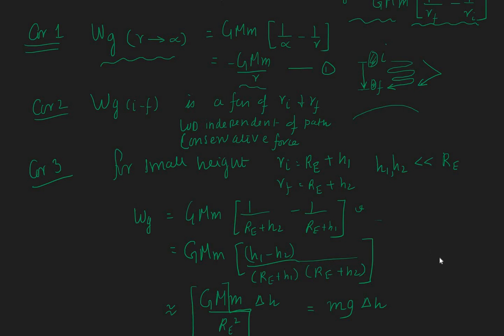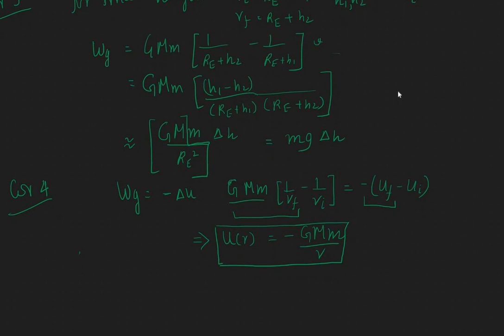So I can also say that minus GMm by R is nothing but the work done by gravity in moving from R to infinity.